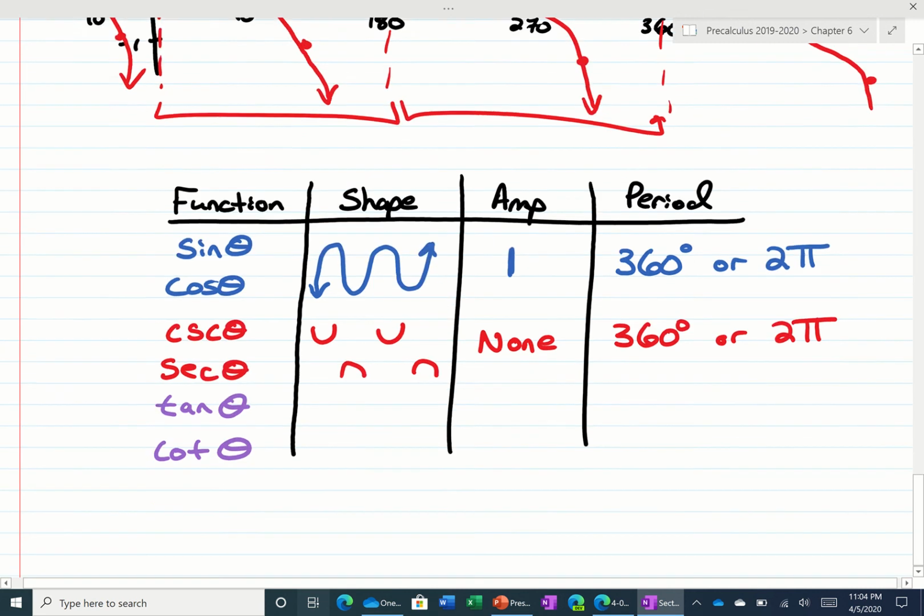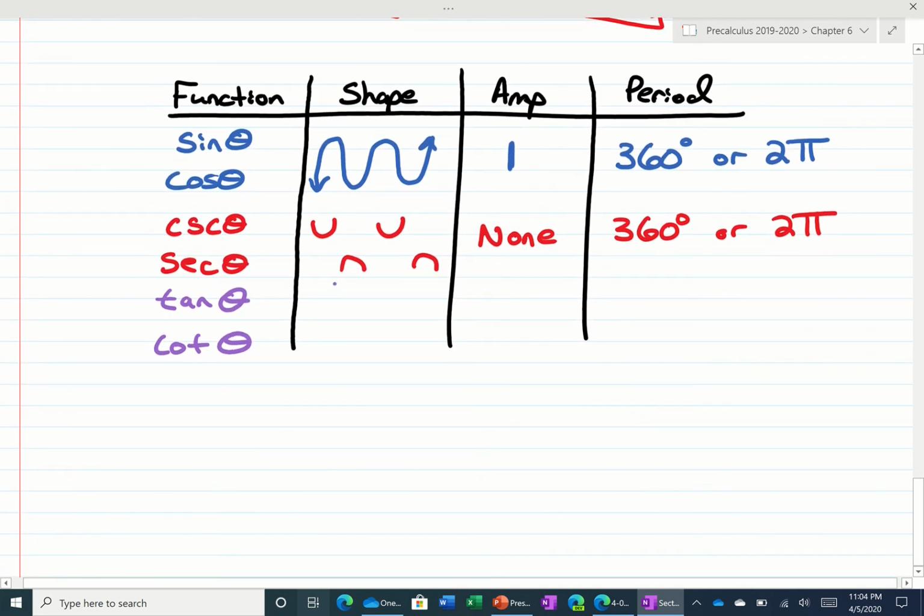The tangent graph looked like normal cubics. The cotangent graphs were going the other way. And every time I draw that, I think it looks like a six-pack. If you kind of look at it sideways, like if here's the head and here's like the legs. But anyway, there's no amplitude for this. And we saw that the period was 180 degrees, or pi if we're in radians.